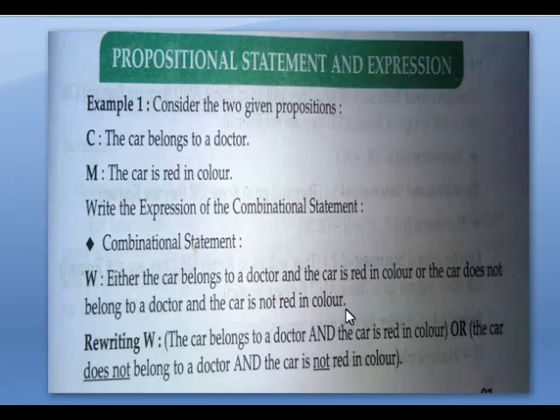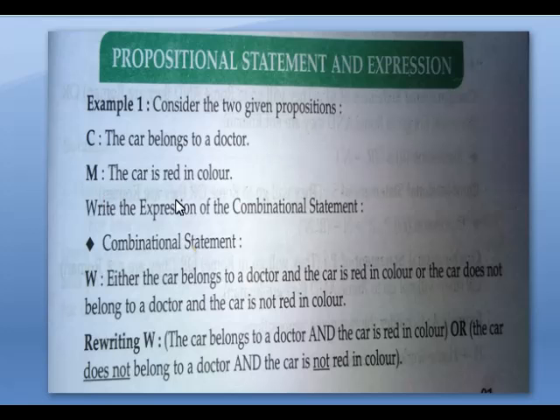So how are we going to use the connectives? Now we are going to use the connectives like this. The car belongs to a doctor and the car is red in color. Okay, this is the first.